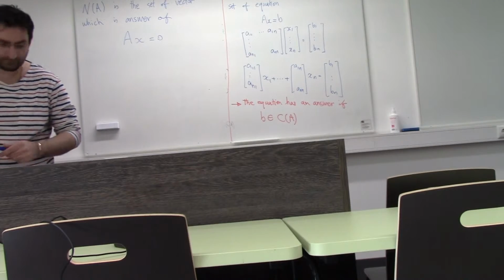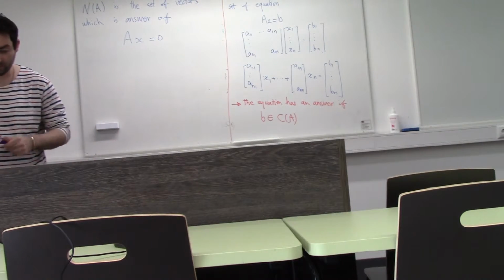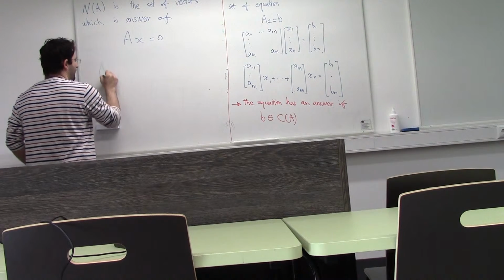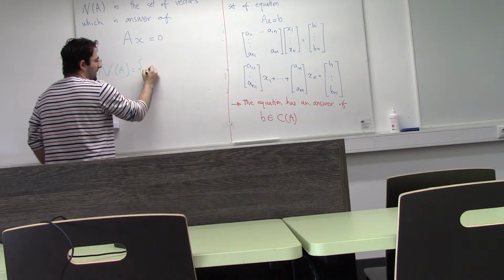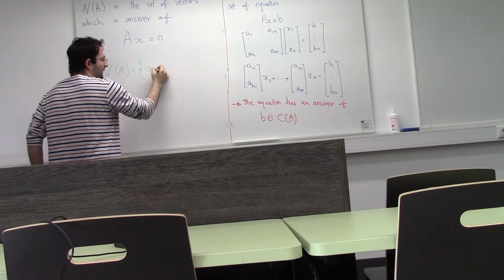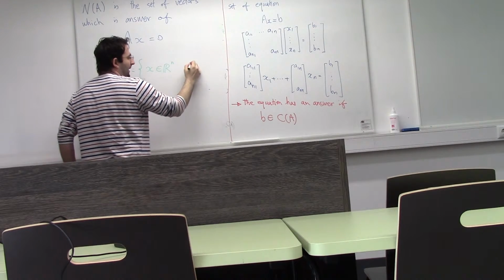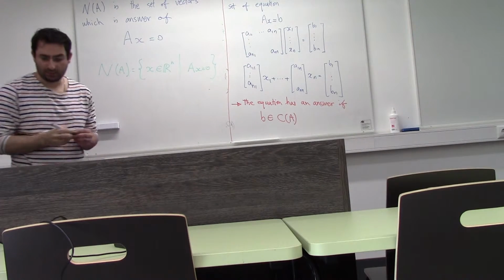So a set of vectors which are answers of this. So NA is x which belongs to Rn, and Ax is equal to 0.